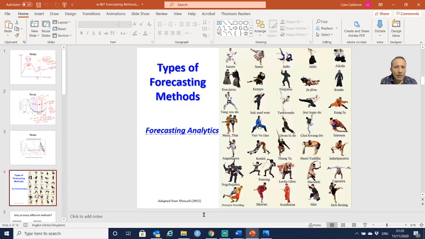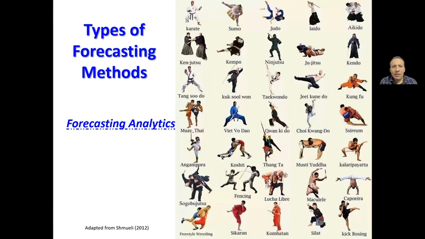Okay, so please allow me these metaphors. I think I am going to use a lot of them today. So the forecasting techniques are something like different styles in fighting.